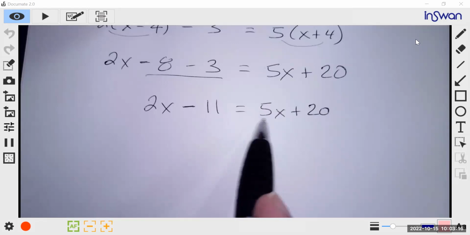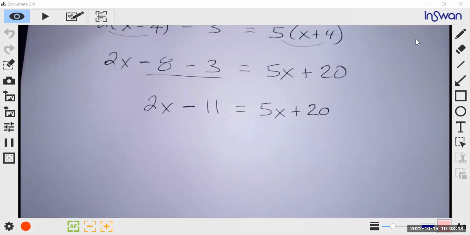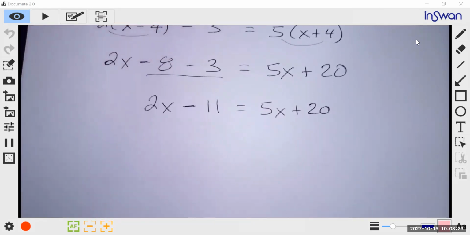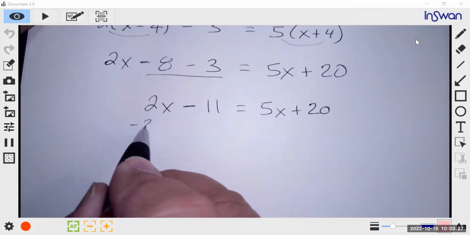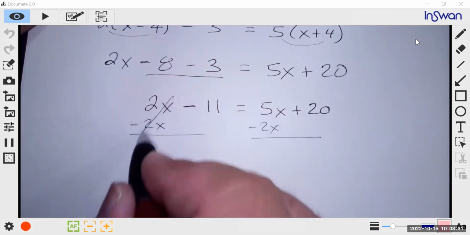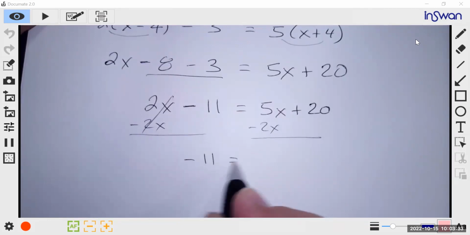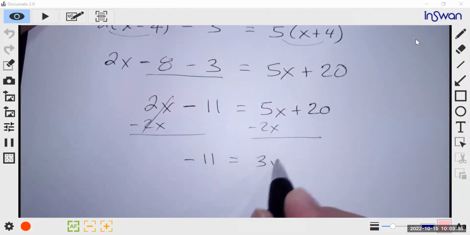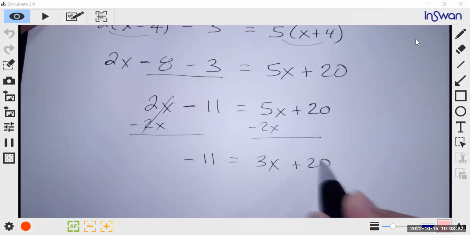You have x's on both sides. Which one do you move? Always move the smaller one. When you have x on both sides, don't even look at other numbers. X's are the important thing. So we subtract 2x from both sides. So negative 11. 5 minus 2 is 3x plus 20.